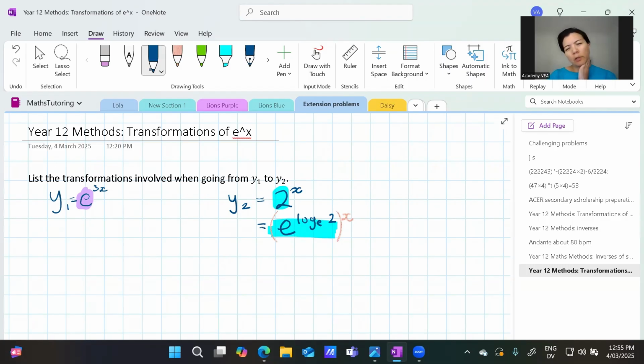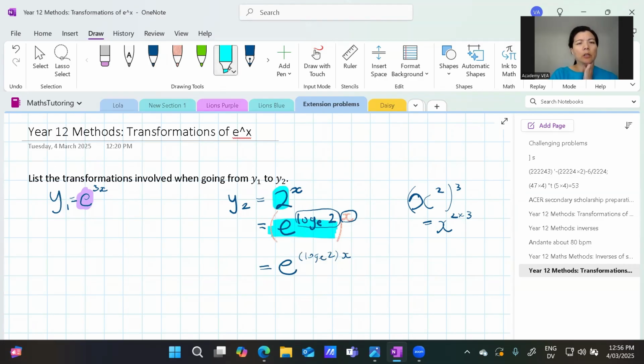And then hopefully you can see that all that is now is you have a power of e up here raised to a power outside the bracket. And so by one of the index laws, you can then multiply the powers together. And so this would be then e to the power of log to the base e of 2 times x.